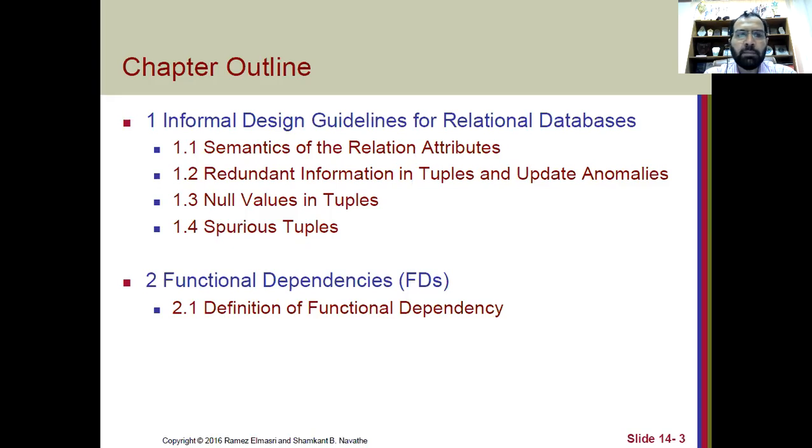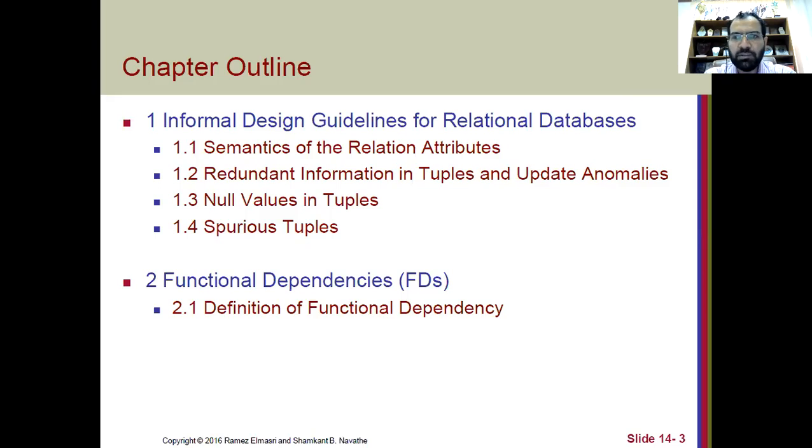The number two topic in this chapter, which is very important, is functional dependency, and we will discuss in detail what functional dependency is. In short, functional dependency is a relationship which exists among the attributes. Let's suppose a table has 5 attributes. Functional dependency is normally observed among the attributes.